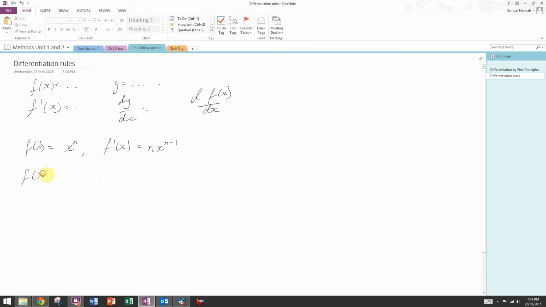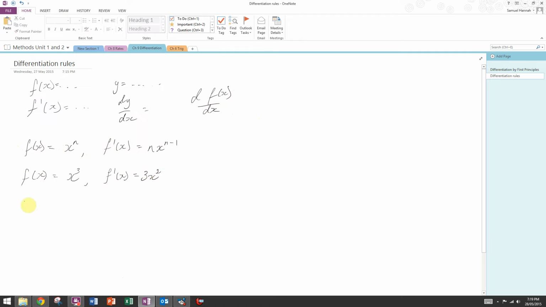So suppose our function is x to the power 3. That means f dash of x, our derivative function, will be 3, it's come down, and then x, and then 1 less than 3 is 2. There we go, so our derivative function is 3x squared.